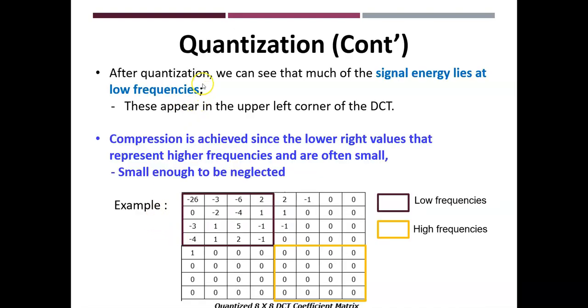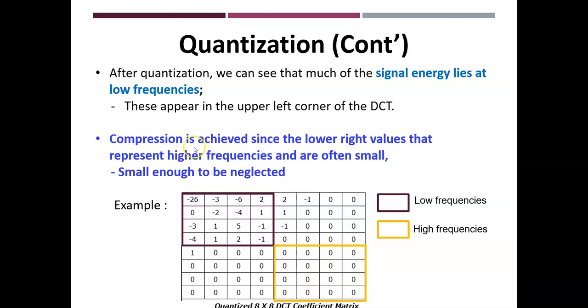Okay, so after quantization, we can see that much of the signal energy lies at lower frequencies. This appears in the upper left corner of the DCT. Which means after we do the quantization, the upper left corner of the DCT holds the low frequency, while the lower part holds the high frequency.